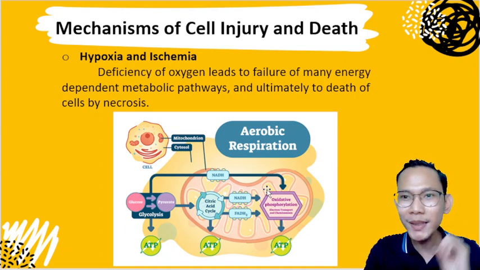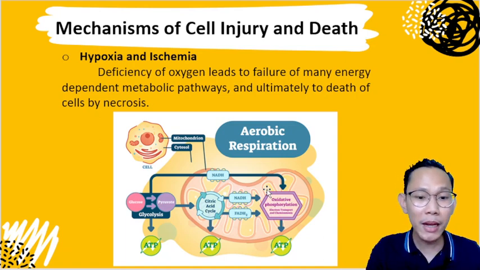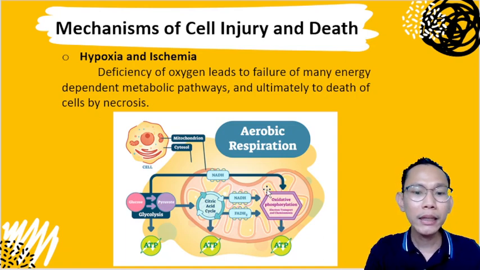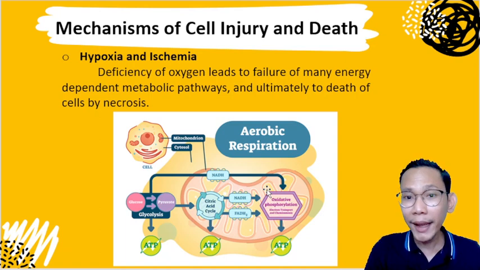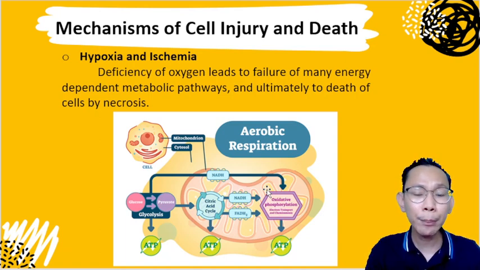Pag mayroon tayong persistent or severe hypoxia or ischemia, it will ultimately lead to the failure of ATP generation and depletion of your ATP in the cells. So pag walang ATP, the cell will not be able to do its function and the cell will basically die. So that's how hypoxia and ischemia affects your cell and cause cellular injury or death.